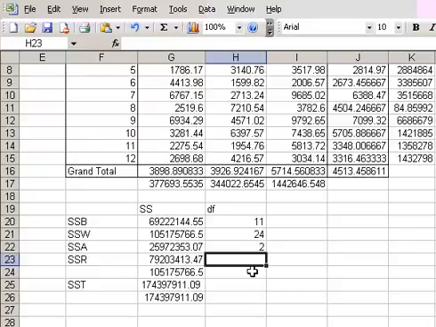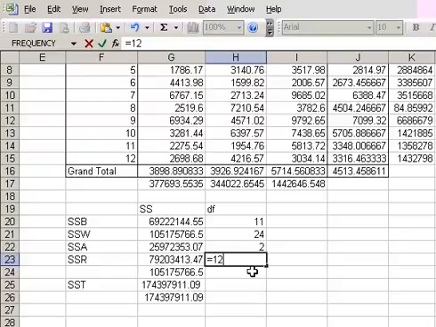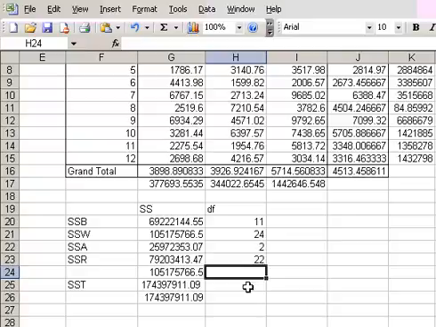So that will be equal to 12 minus 1 times 3 minus 1, or 22 degrees of freedom.